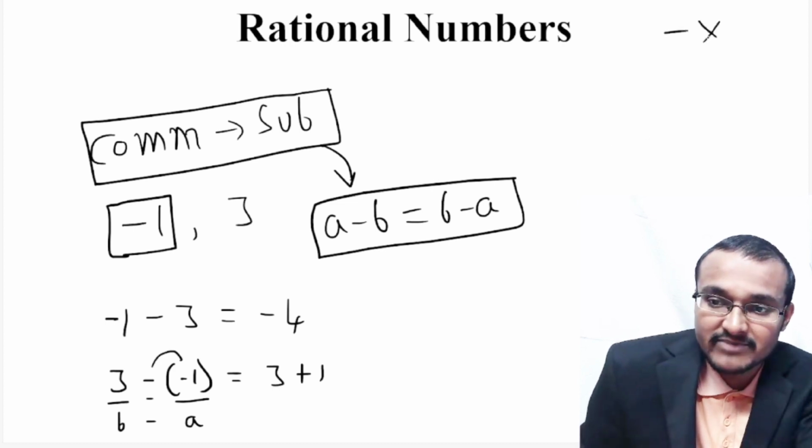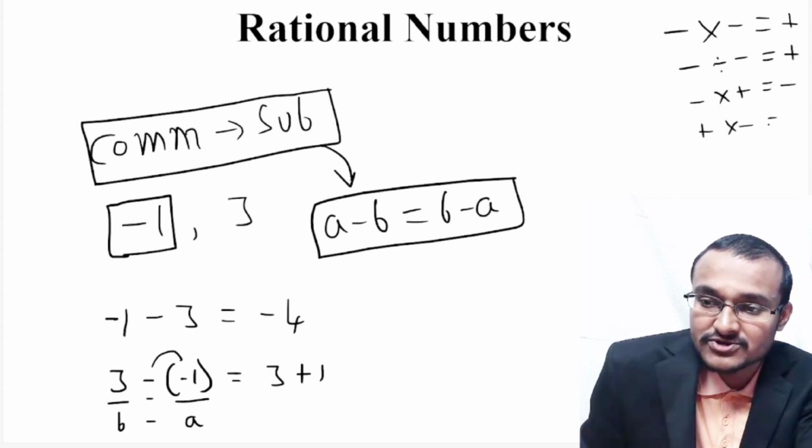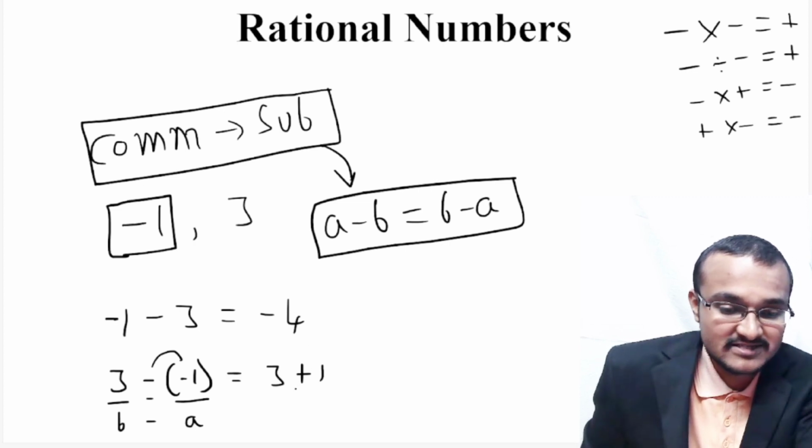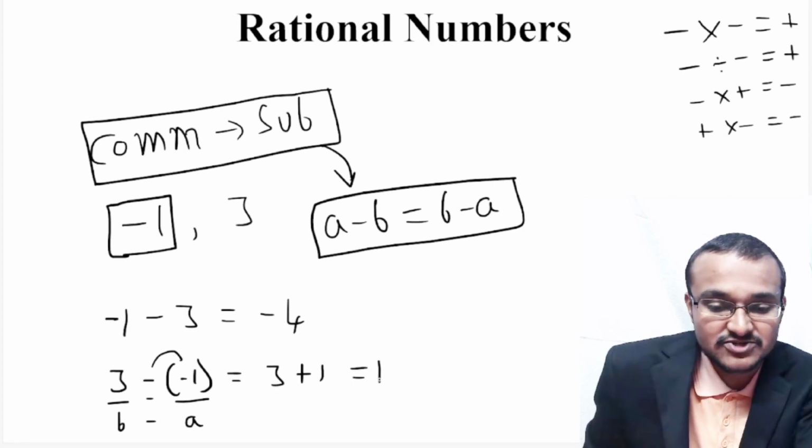You should always remember, minus into minus is plus, minus divided by minus is also plus, but minus into plus is always minus, plus into minus is also minus. So you should remember this. So here minus into minus is plus, hence 3 minus of minus 1 becomes 3 plus 1, which is actually 4.